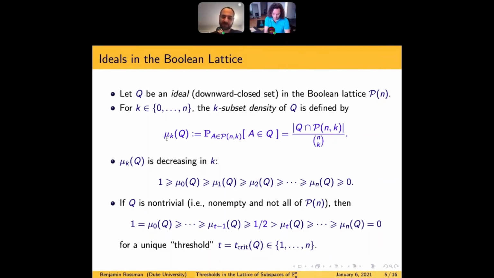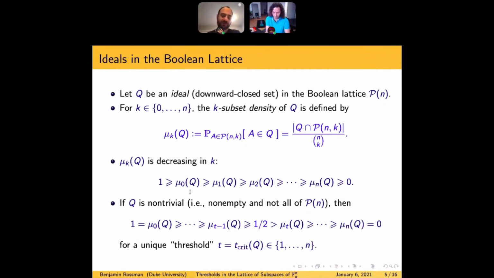The way we define formally the k-subset density, mu sub k of Q, is the probability that a uniform random k-element set belongs to Q. In other words, this is the size of Q intersected with the k-element subsets of n, over n choose k. And as we mentioned, it's easy to show, I believe this follows from the FKG inequality, that this is a decreasing sequence of densities in terms of k.